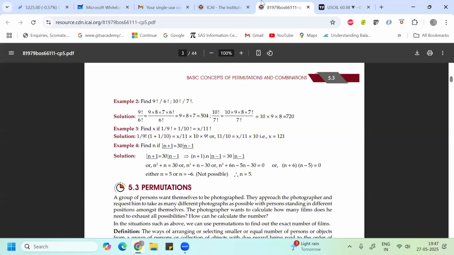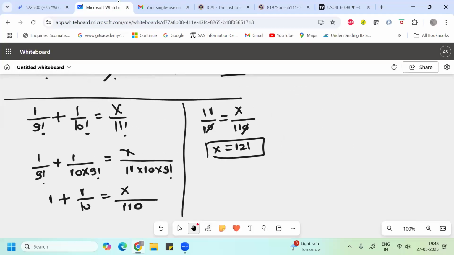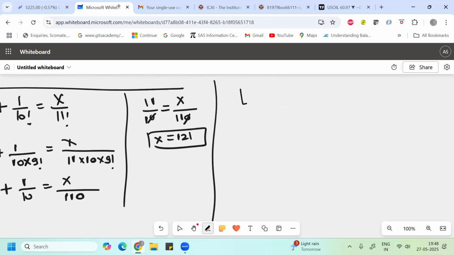You can solve it. And then next one, find n if (n plus 1)! is equal to 30 into (n minus 1)!. This symbol is factorial only.